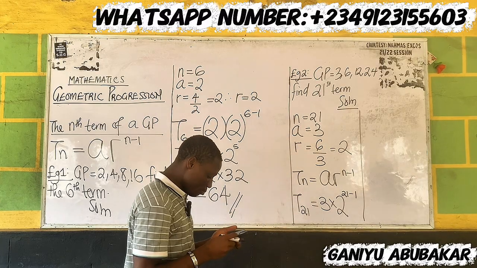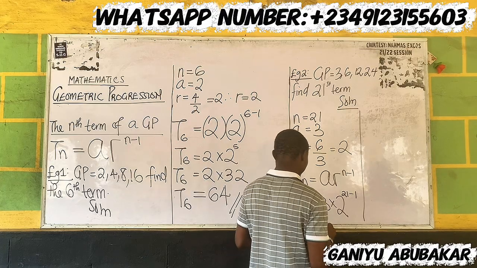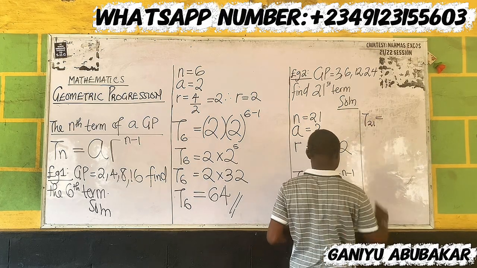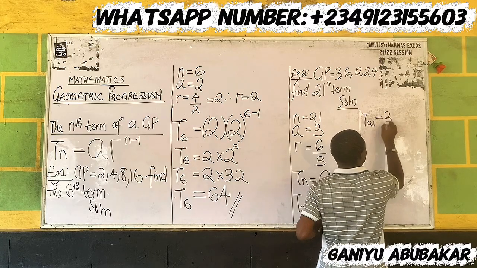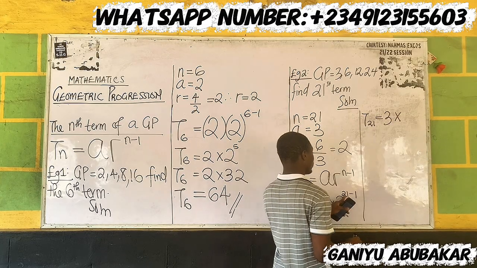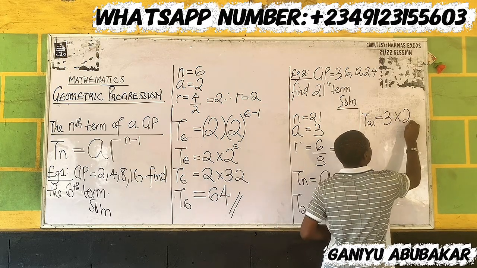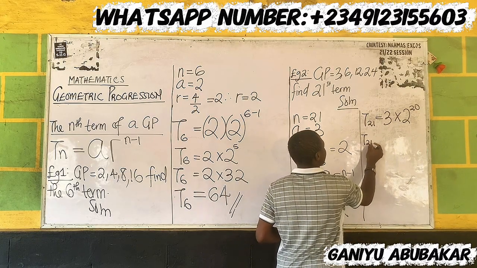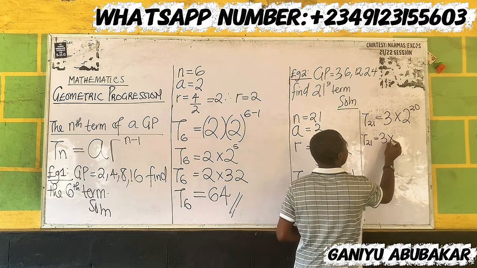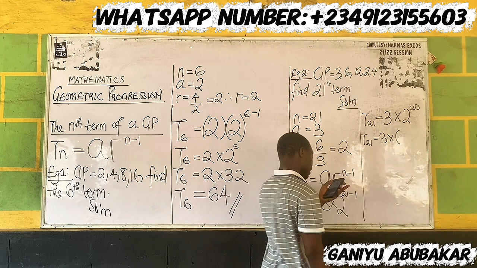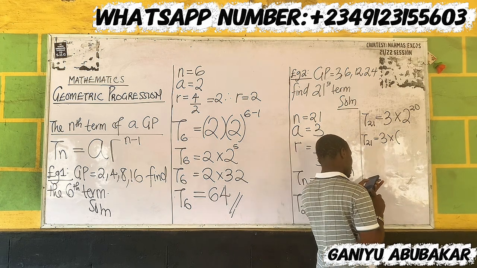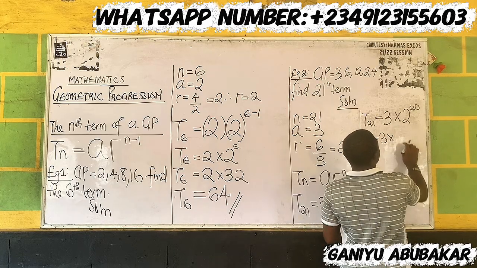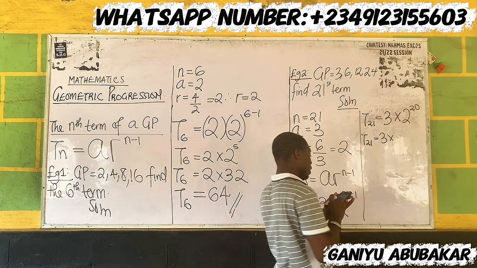So the 21st term of this GP will be equal to 3 times 2 to the power of 21 minus 1, which gives you 20. So the 21st term is equal to 3 times 2 to the power 20.